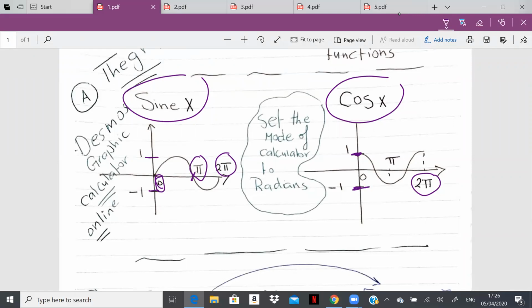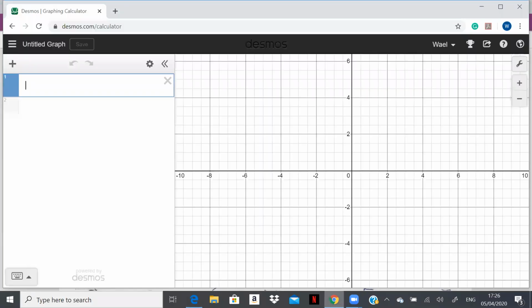So this is enough for the graph of sine x and cosine x concerning lesson 4.4. How can we graph it? We're going to use this program.